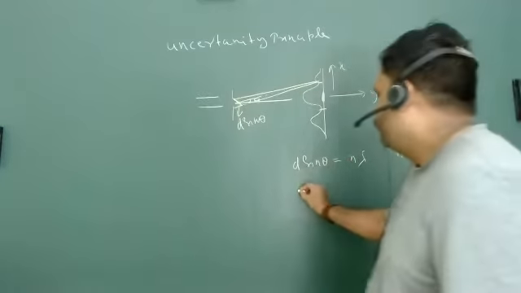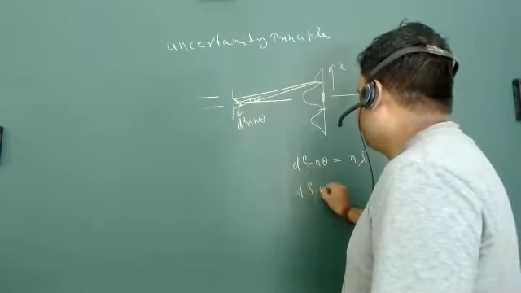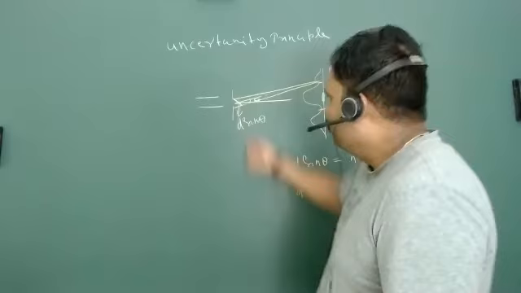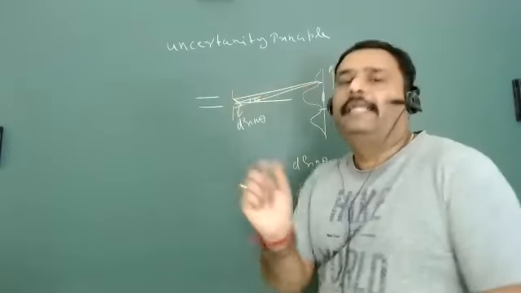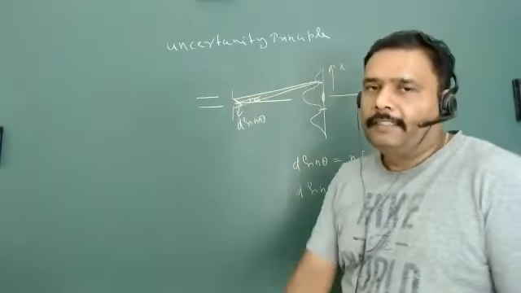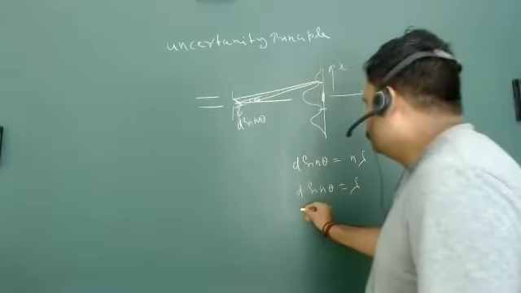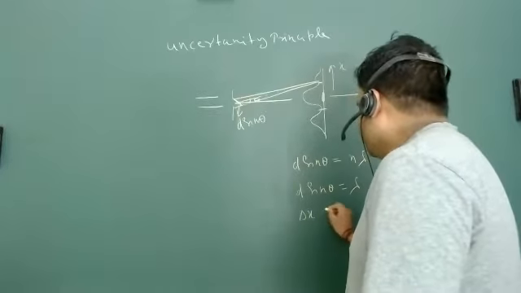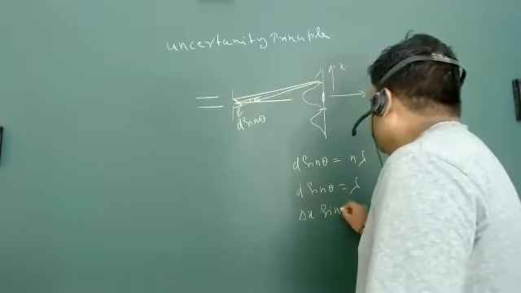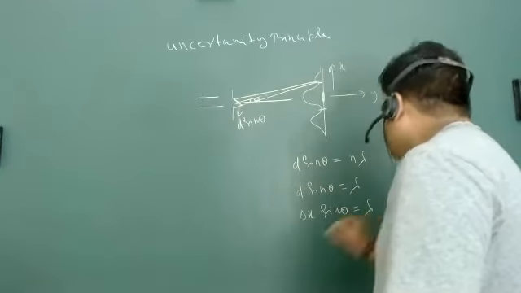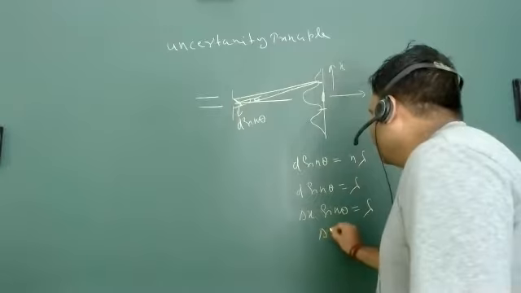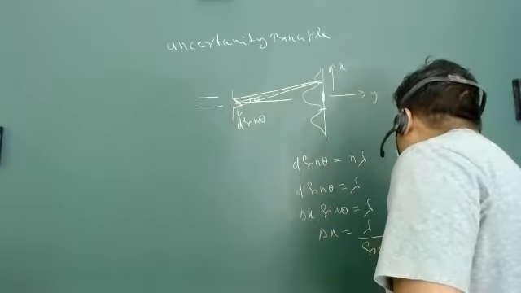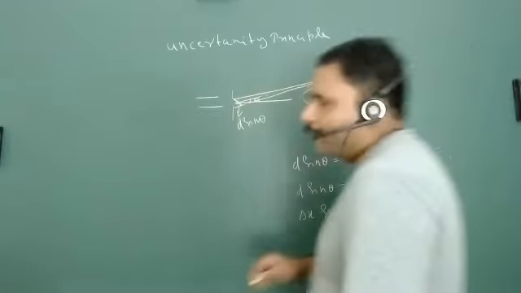So d sine theta is equal to lambda. And I will take d as delta x, since this is all about my delta x. So delta x sine theta is equal to lambda. So what is delta x? Delta x is equal to lambda upon sine theta. So I have calculated delta x.